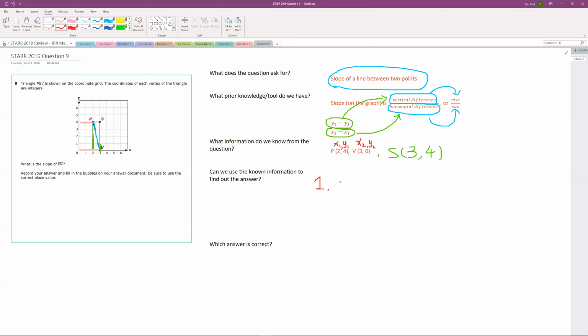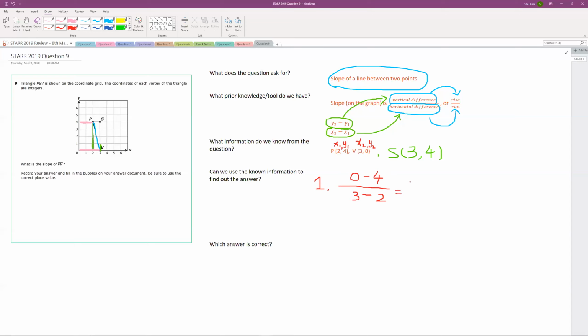So we're going to apply this formula. Our y2 is 0 minus our y1, which is 4, minus 4. Our x2 is 3 minus our x1, which is 2, minus 2.